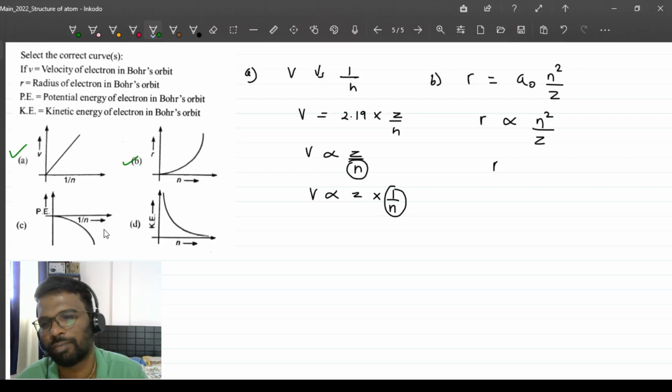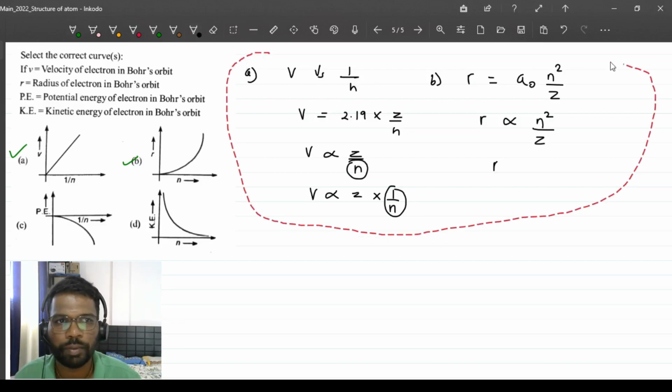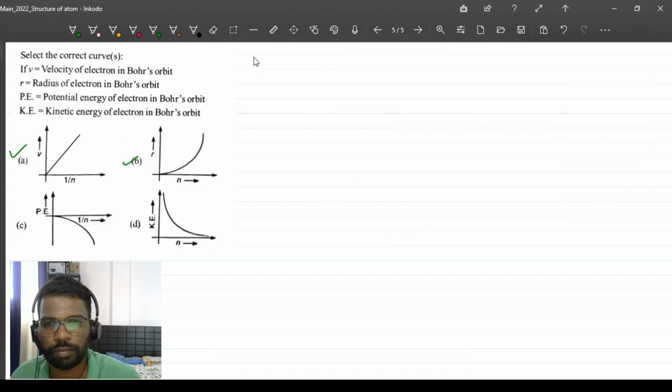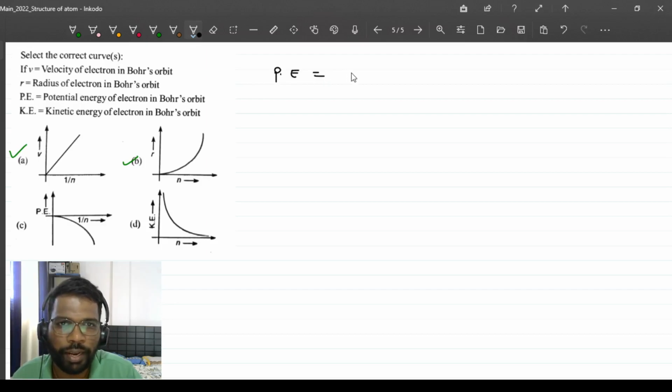Potential energy. Okay, here there is a slight twist. Potential energy is what we are getting as minus kz e square by r.